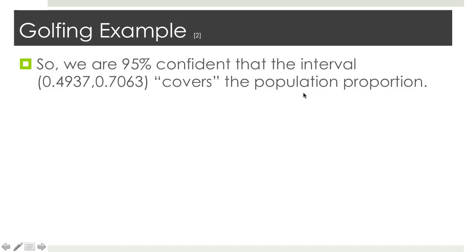So even though in this case we only have one sample, this is equivalent to saying, let's take many, many samples of the same size, n equals 85, compute intervals for each one of those, just like we did right here, and 95% of those intervals will actually cover the population proportion. So we're pretty confident at a 95% level that this interval will cover the population proportion. It may not, but we're 95% confident that it does.